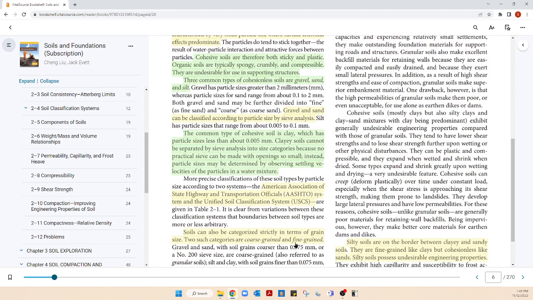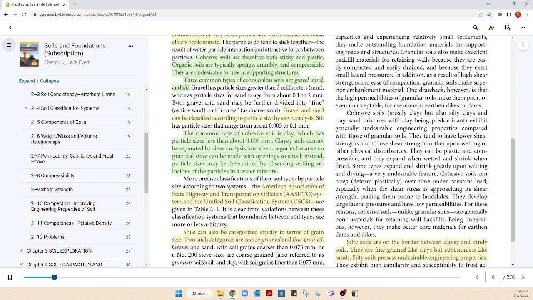Now, the first thing you do when you pick up an AASHTO chart, and I'll show you one here in a minute when we go back to the other view, that'll be at the top of the chart. You'll know that if it's more than 35% of the total soil sample passing the number 200 sieve, you're in silt and clay materials.